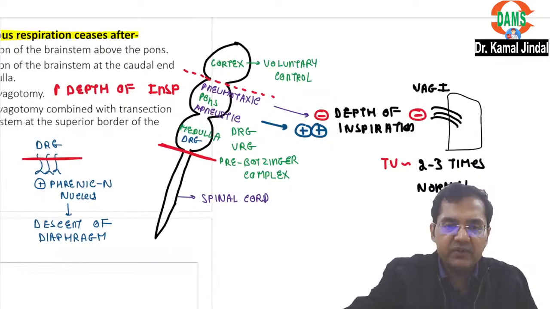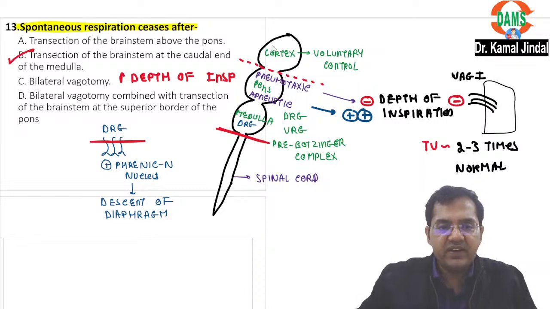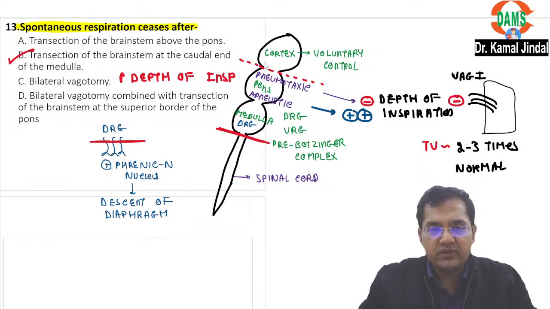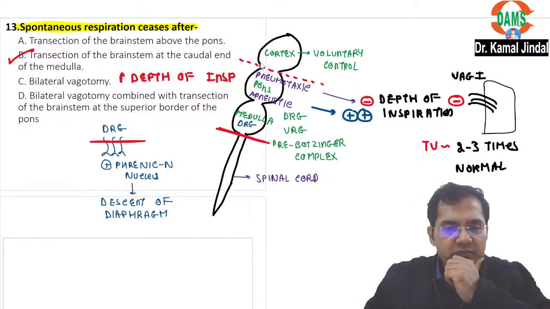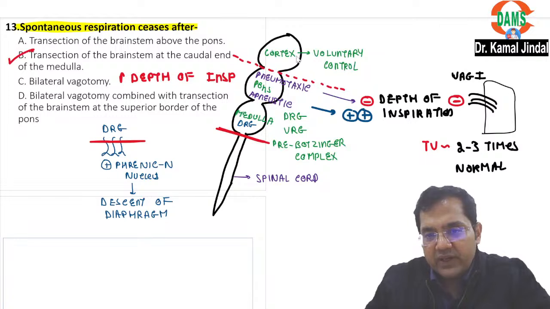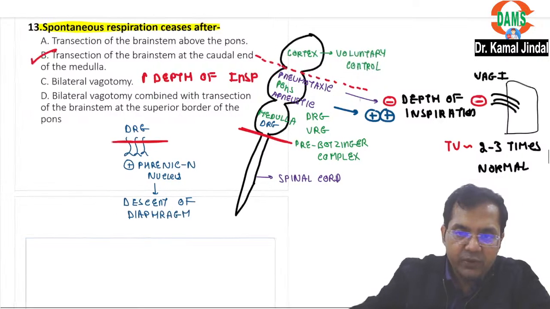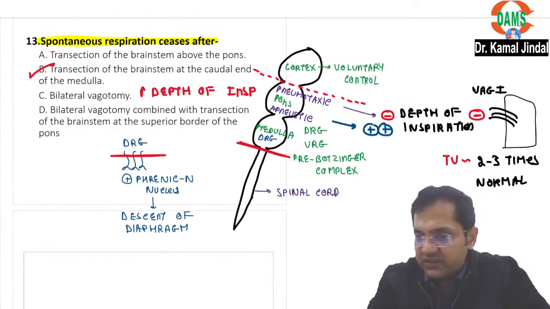It will increase. Last option, vagotomy combined with transection at the superior border of pons. So now we are doing a lesion like this with vagotomy. So voluntary control will be lost and depth of inspiration will increase. So read up the transections and see the video, and I think we have done sufficient discussion over here.